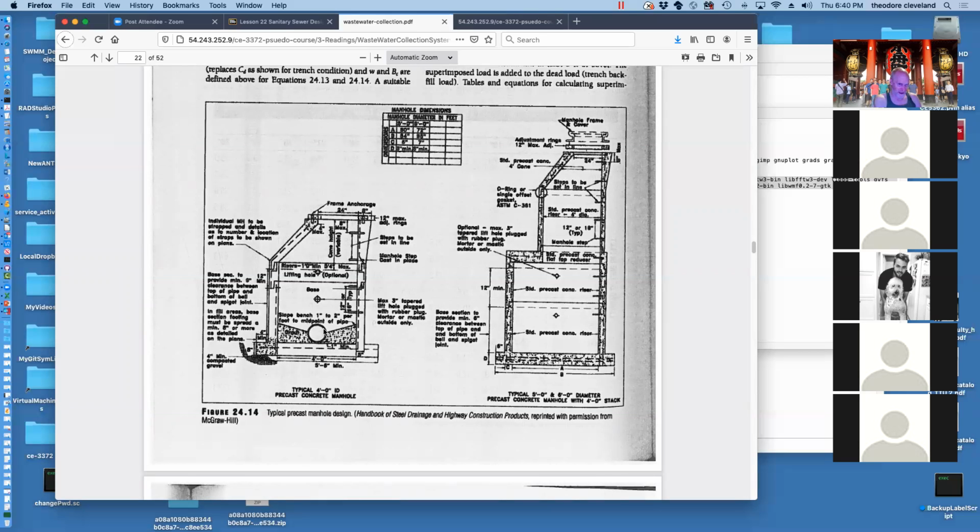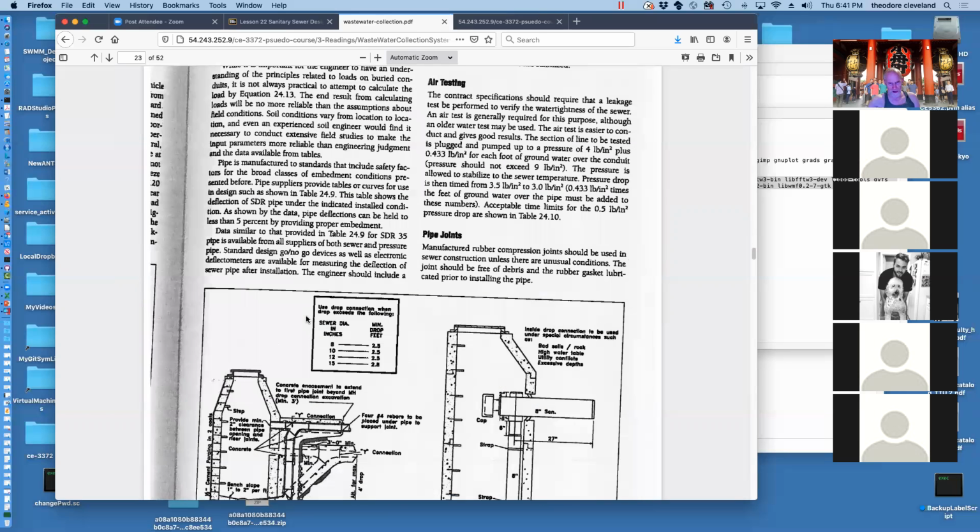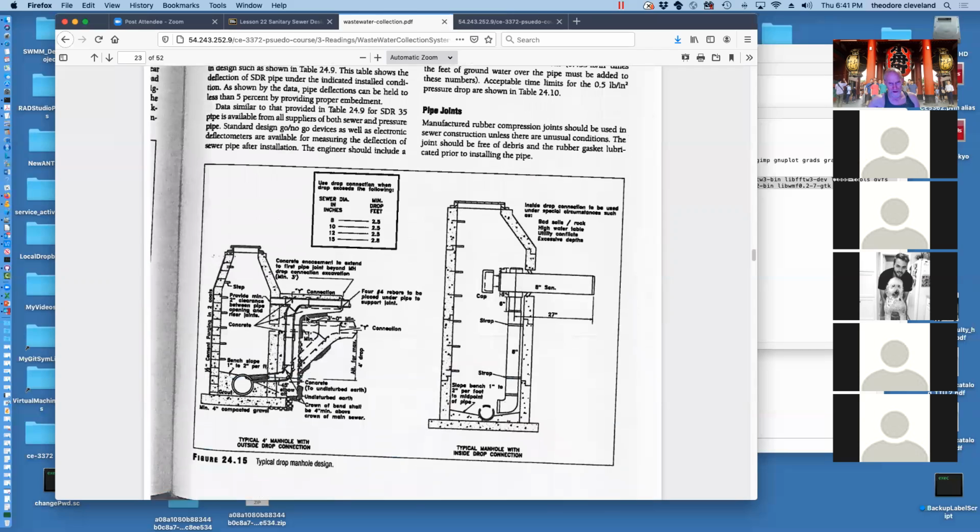Because if that wasn't the case, that whole vault would be filled to the bottom with raw sewage, and you'd have to step in it to perform maintenance. So the benching alleviates the need for having to wade around in sewage. Now you still put on proper waders and really good rubber boots, because stepping in sewage is no fun ever.